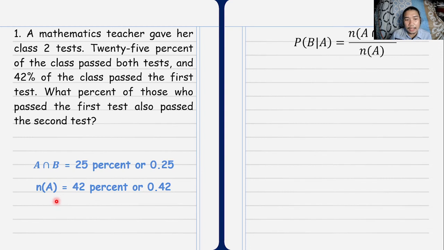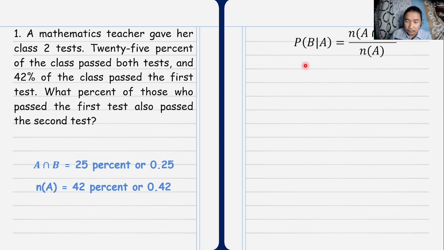Since ang given lang natin dito is event A, meaning, paano natin nalaman na event A? Because nalaman natin yung result or yung percentage na nakapasa sa first test. And then for us to determine the percentage na nakapasa sa second test, we need to find the probability of that.